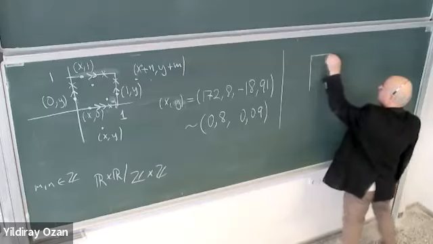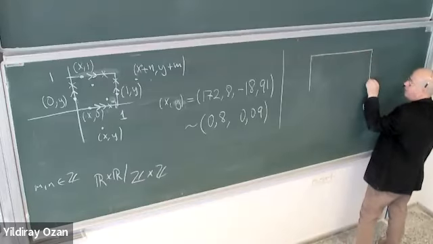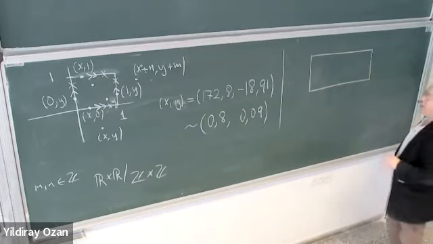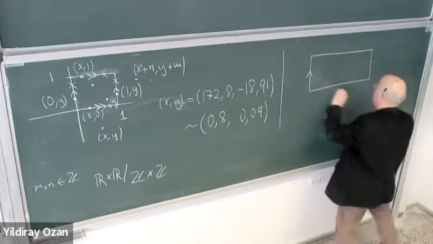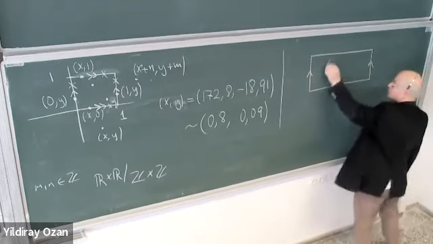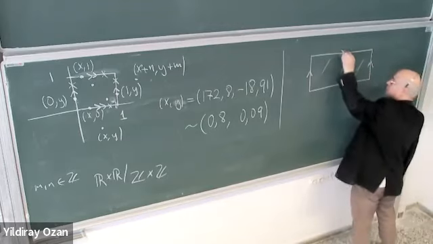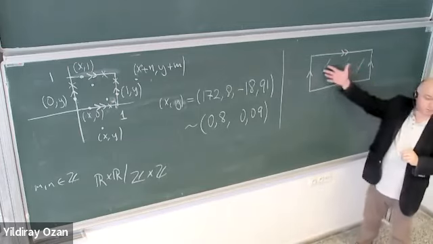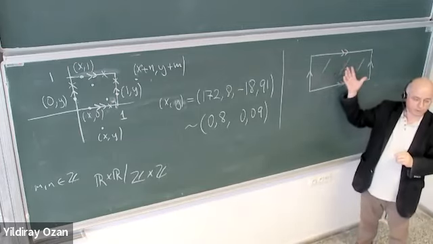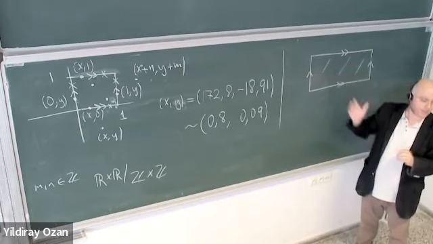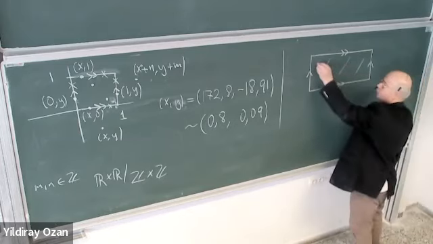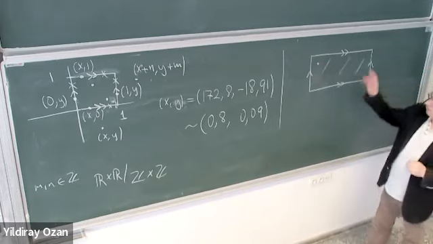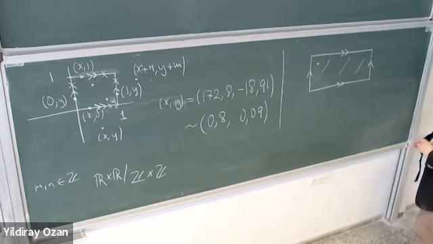We have a rectangular piece of plane, and this edge will be identified with this one, and this edge will be identified with this one, and no other points on this rectangular region are identified. For example, this point will not be identified with another point, but the boundary points are identified like this.